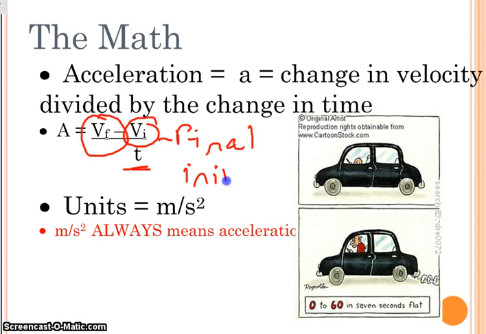And this is initial velocity. So it's the final velocity minus the initial velocity all over the time it took for that to occur. If you look at the units, you'll see something very particular here. The units for acceleration are meters per second squared. And I'm going to talk about that in just a little bit, specifically what that means.